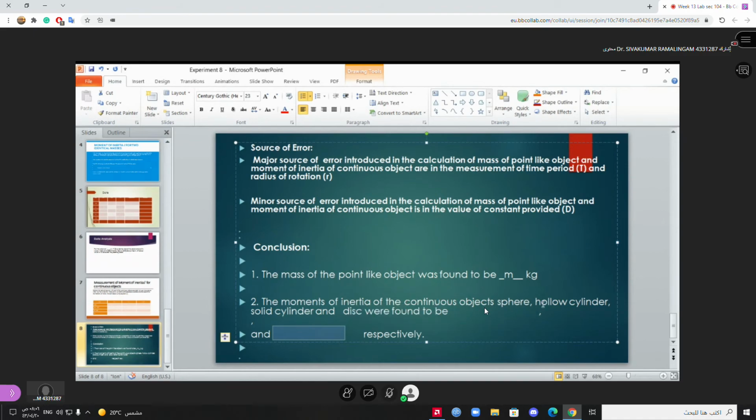What is the moment of inertia of the sphere? Write it here. The next is the hollow cylinder. Write the moment of inertia of the hollow cylinder after the comma. After the second comma, write the moment of inertia of the solid cylinder. And after 'and', you write the moment of inertia of the disk. Write the moment of inertia you are reporting in Schedule 3.